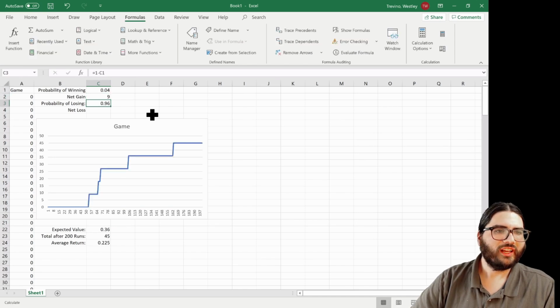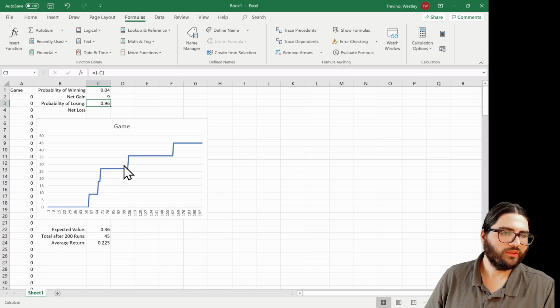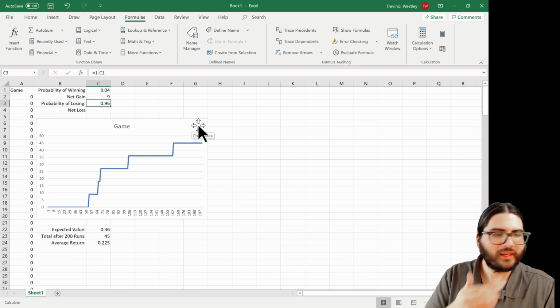So if we have a $9 net gain from winning, you can see the chart has already populated. But this is not taking into account all the money I get from losing. It looks like 1, 2, 3, 4, 5. There's 5 wins. This chart represents 200 simulated games.